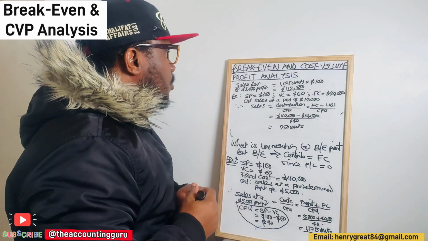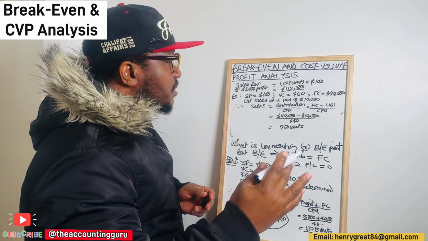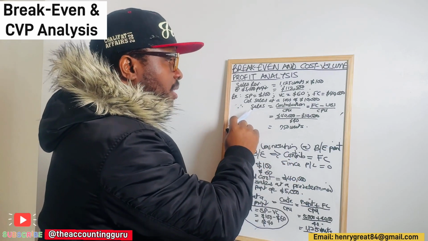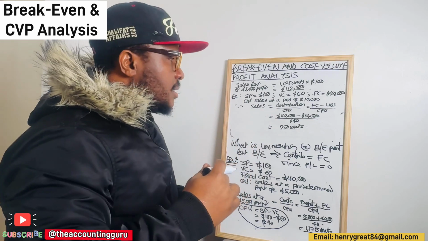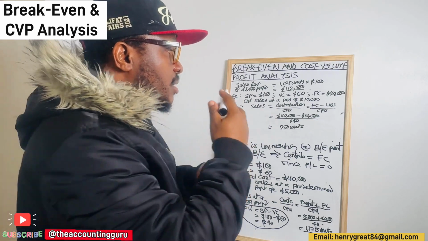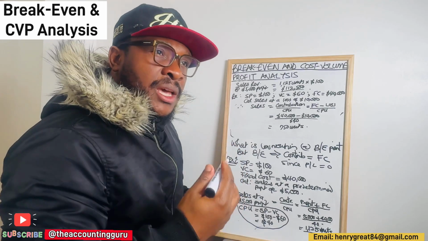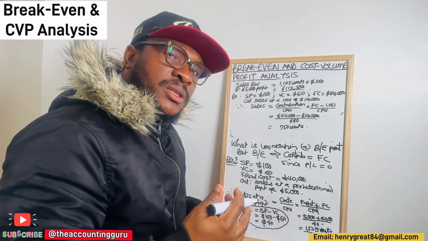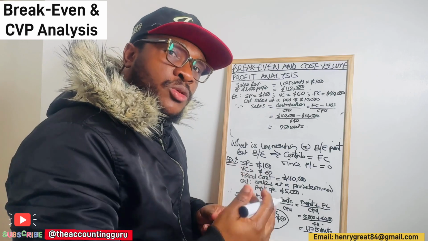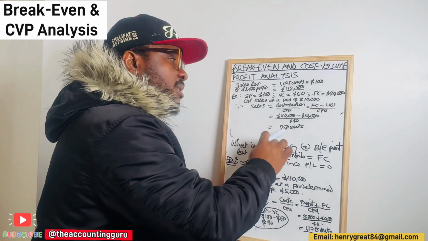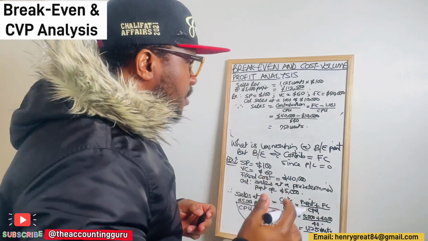Now again, if the examiner is asking you to calculate this sales in value, you already know what to do. Anytime sales is requested to be calculated in value, it means calculate sales revenue. You have to multiply units by what? Selling price per unit. Good.